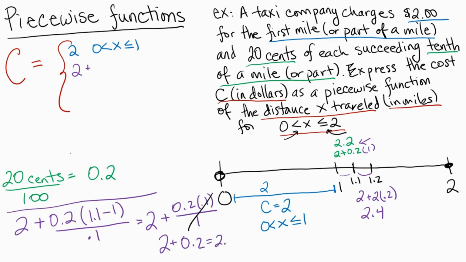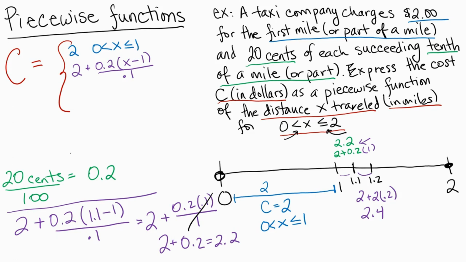So we get 2.2. All right, so the way we're going to write this out is 2 plus 0.2 times our distance, x, minus that first mile, all over 0.1 because of the tenth of a mile math that we have to do.